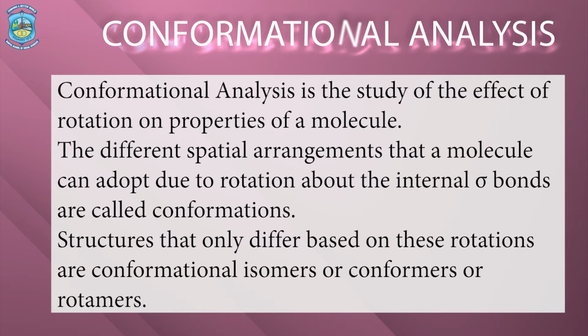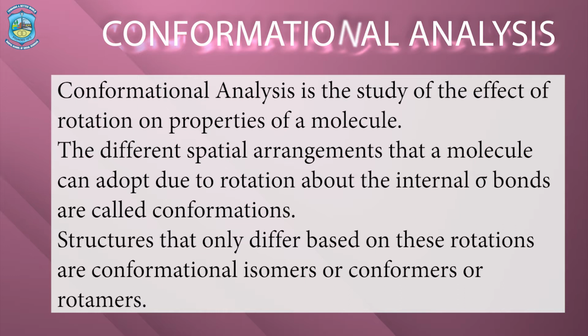So, basically, conformational analysis deals with the arrangements we get when we rotate a carbon-carbon bond, and the intermediate structures we get are called conformers, which are interconvertible into each other and are non-separable.